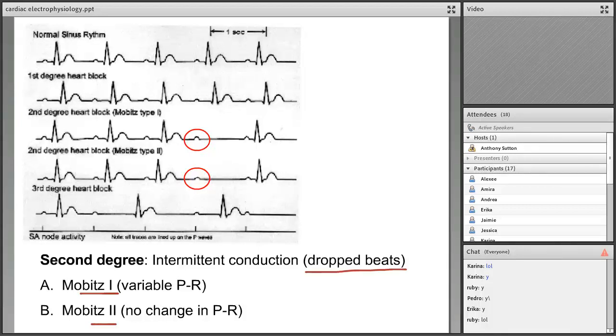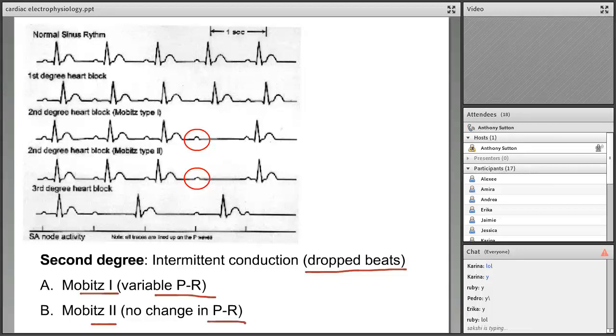So look at this one. Type 1 means that when you break up, you drop a beat. So one of the beats is dropped in the second degree heart block. But in Mobitz 1, they're going to have what we call a variable PR interval. Okay? Well, how's that different from type 2? Well, type 2 is basically they've decided to get back together. However, P is still not happy and has decided to go out every night or two and fool around on QRS, on the R. Now, let's think about this.